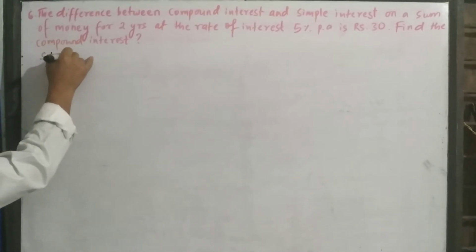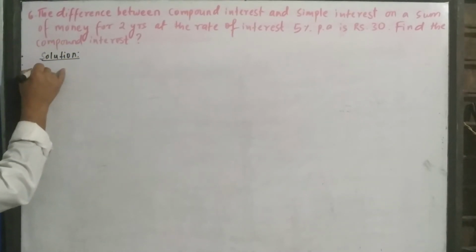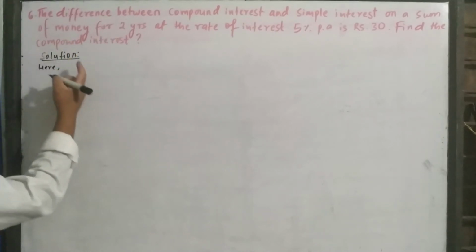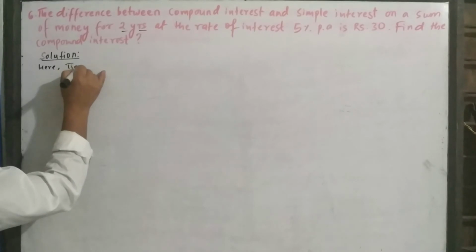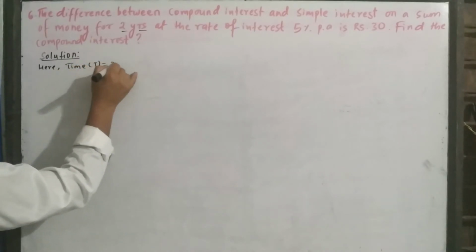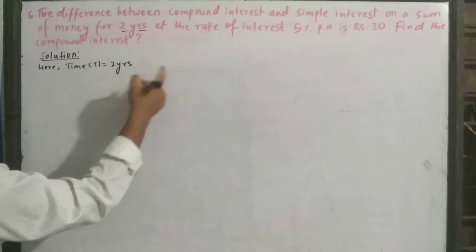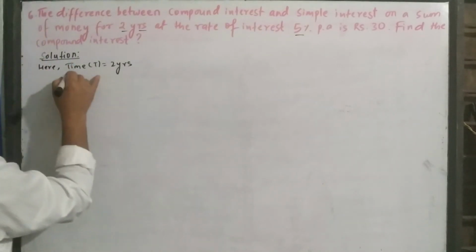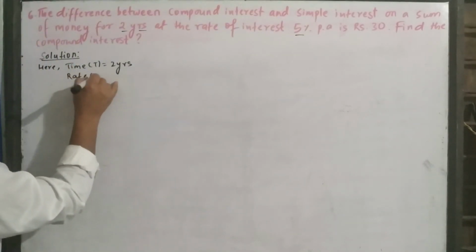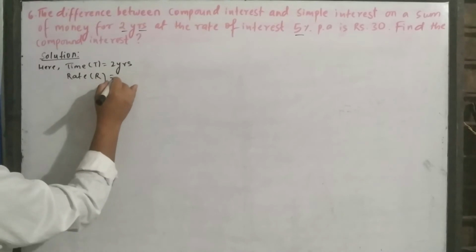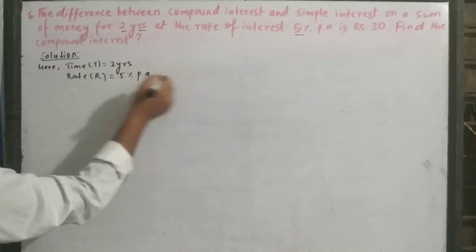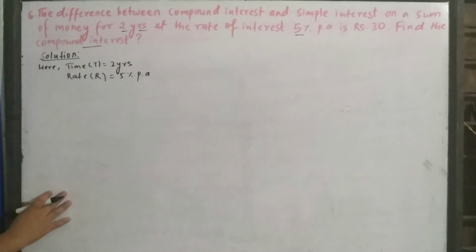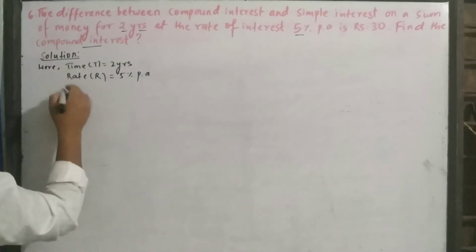Solution. Here in the question, time is 2 years, rate R is equal to 5% per annum. We need to find out the compound interest. Before finding compound interest, we should find out the principal.